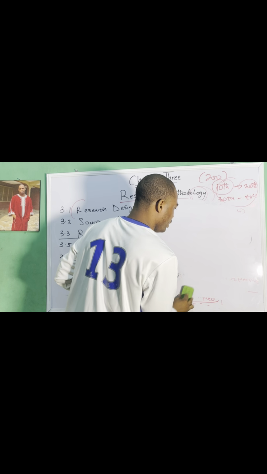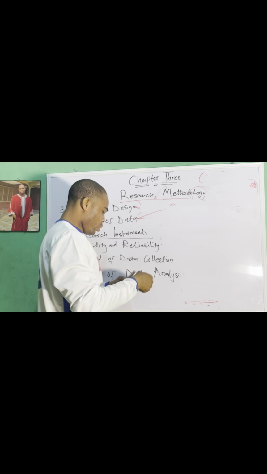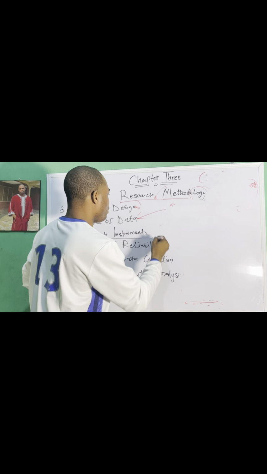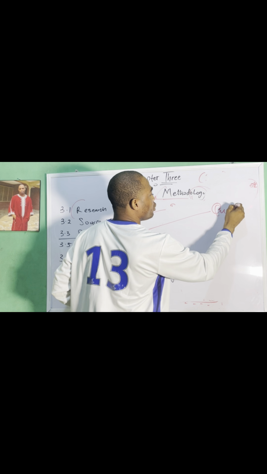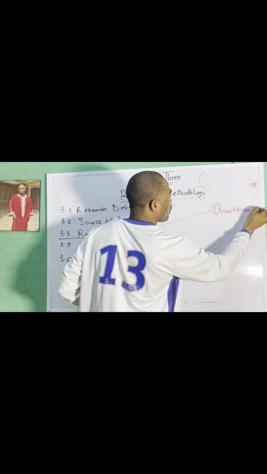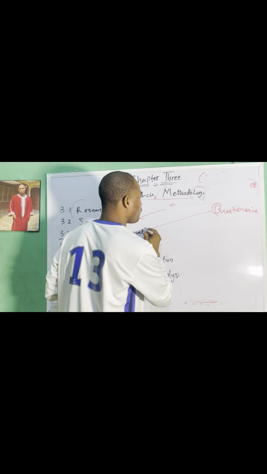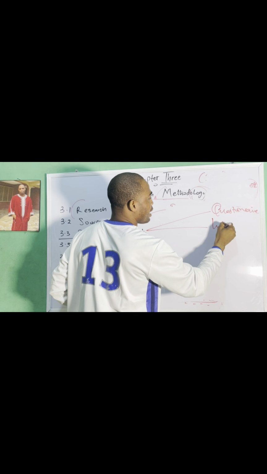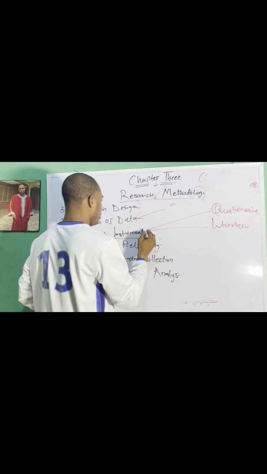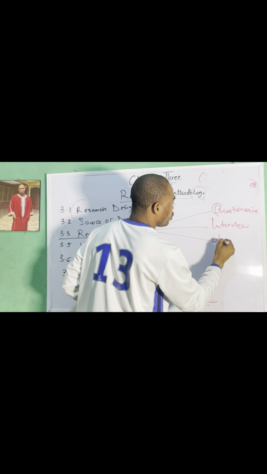The research instrument has its own elements too. When we are using primary data, the research instrument can be questionnaire. You can use interview. Your research instrument can be just observation.